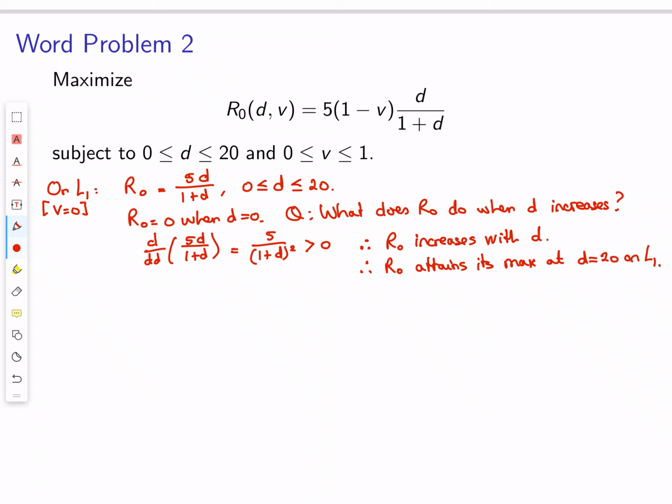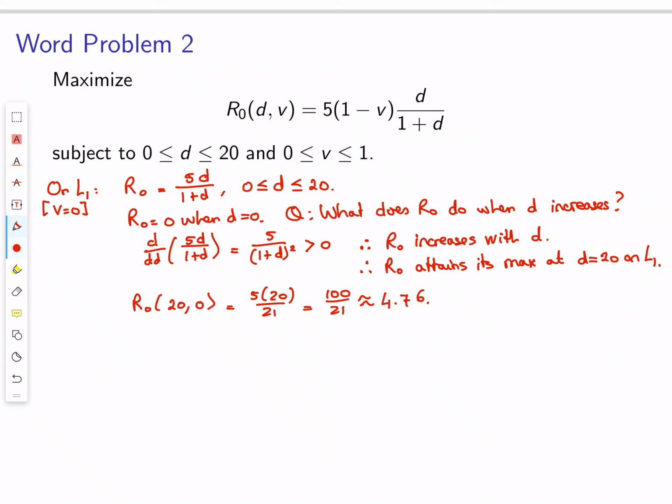So what is R naught when D is equal to 20 and V is equal to 0? This is equal to 5 times 20 over 21, which is 100 over 21, approximately 4.76.